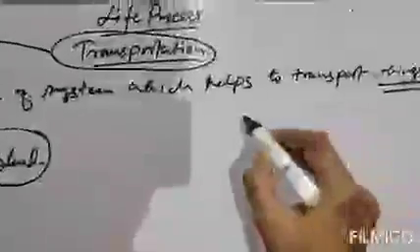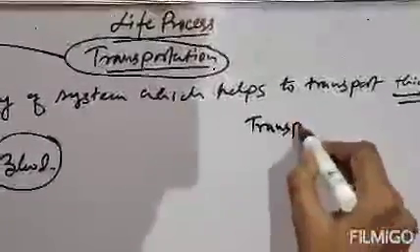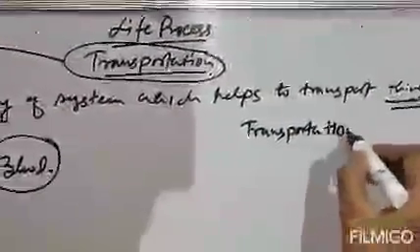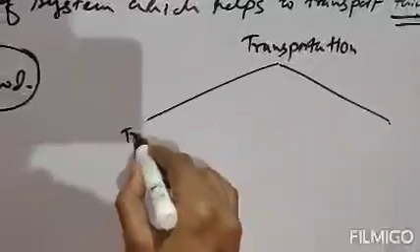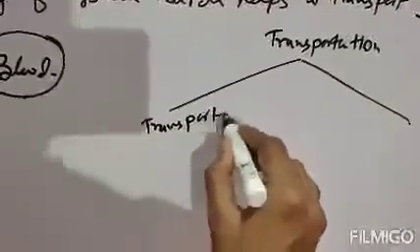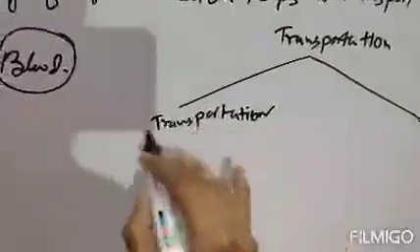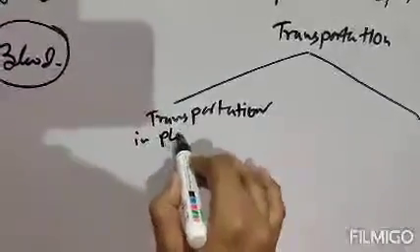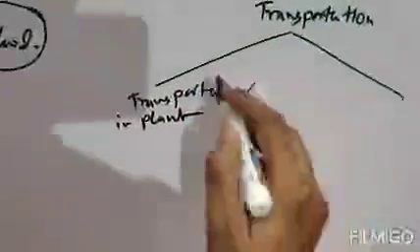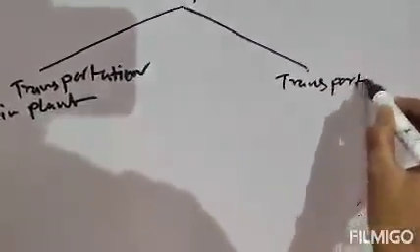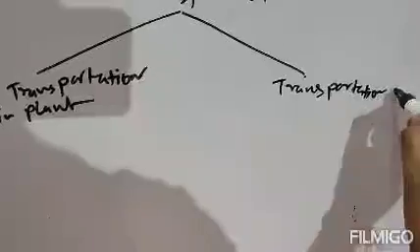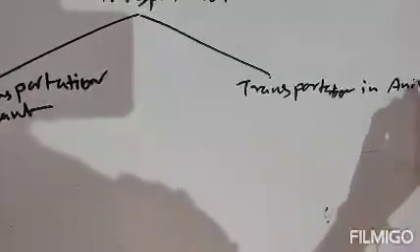Clear? Now there are two types of transportation. Number one is transportation in plant, and the other is transportation in animal.